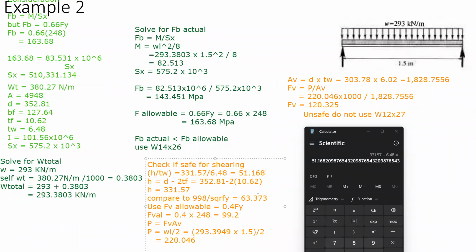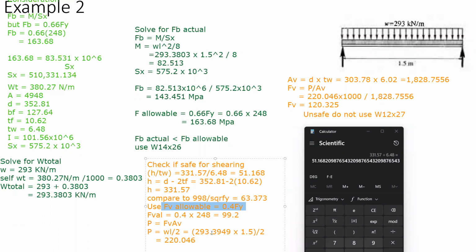And let's check if it's smaller than 998 over square root of Fy, and it is still smaller. So ang gagamitin pa rin natin is Fv allowable 0.4 Fy. So let us solve for Rp.